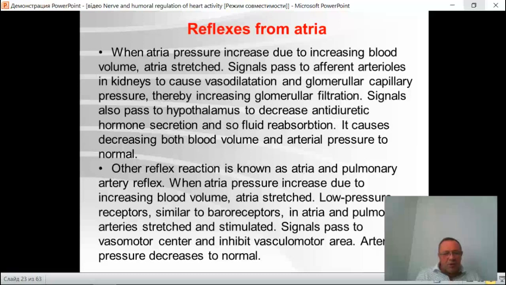Signals also pass to the hypothalamus to decrease antidiuretic hormone secretion and so fluid reabsorption. It causes a decrease in both blood volume and arterial pressure to normal.